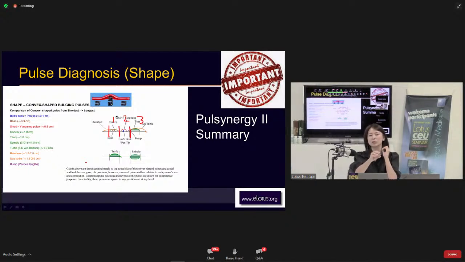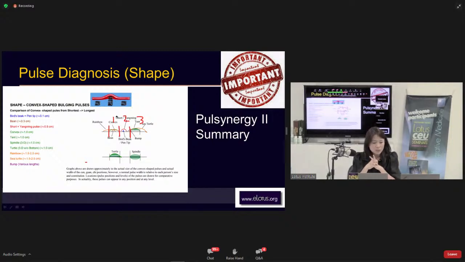If it's straight and thin, you need to use herbs to expand the vessel. If it's straight and thick, you need to use herbs to calm down the fire so that the vessel will shrink down to its normal size, right? And these are straight pulses we're talking about. But if you're dealing with convex pulses, you have to use something to destroy that mass or that swelling, so that the bulge will go away and become straight. So that's your goal. Okay.